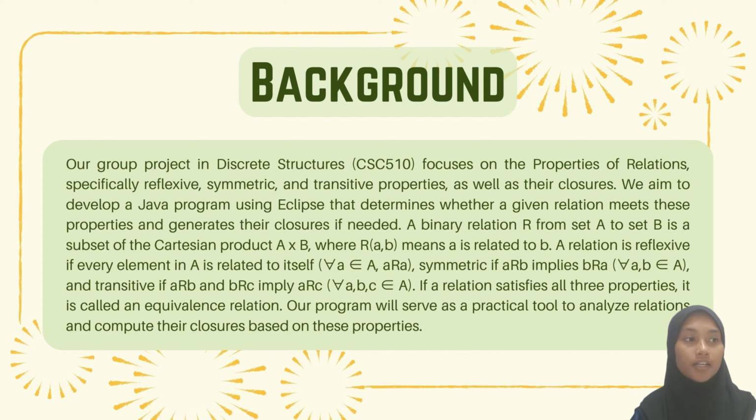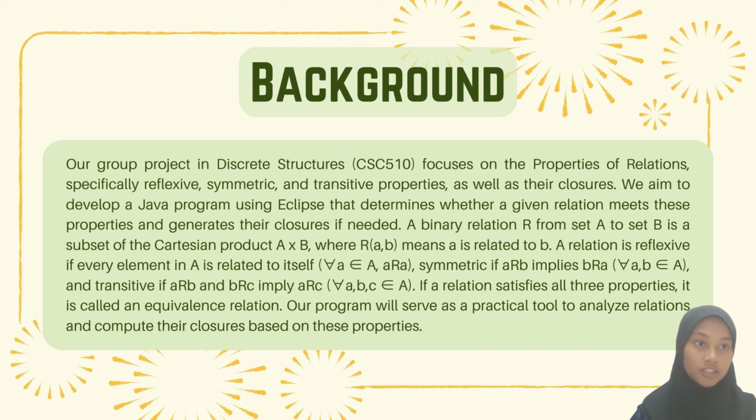A binary relation R from set A to set B is a subset of the Cartesian product A by B, where (a, b) in R means A is related to B. A relation is reflexive if every element in A is related to itself, for example AA, BB, CC. Symmetric happens if ARB implies BRA, for example the relation has AB and BA.